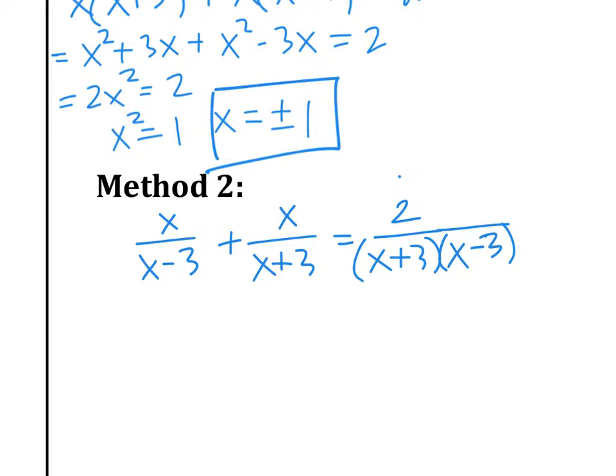Okay, this method, you are just going to combine all the fractions together, just like what you did before for homework. So you're going to combine these into one big fraction.